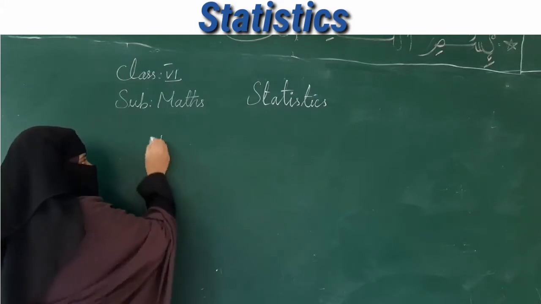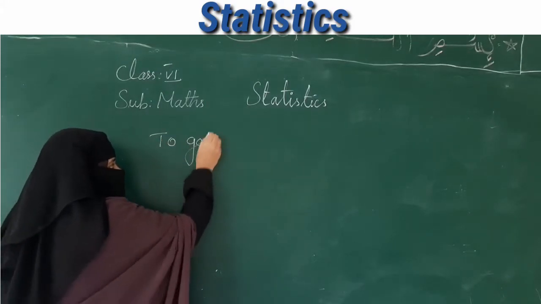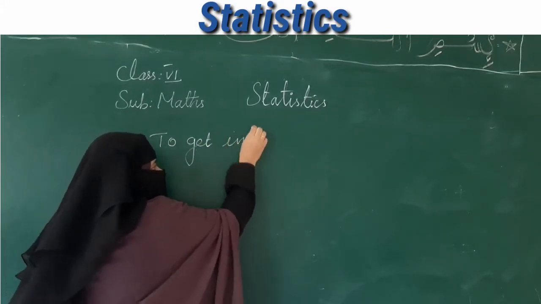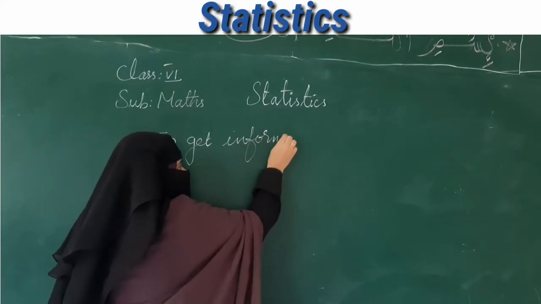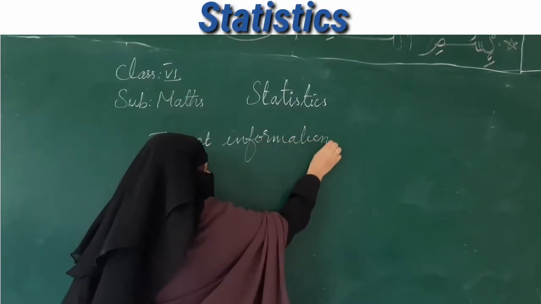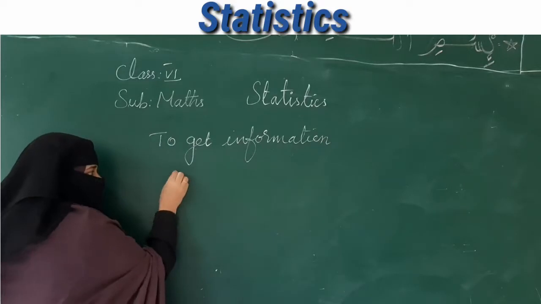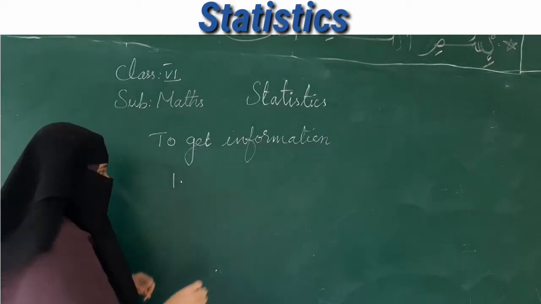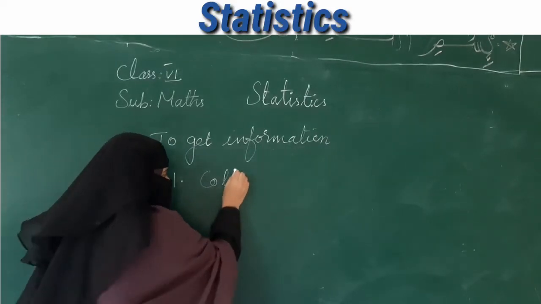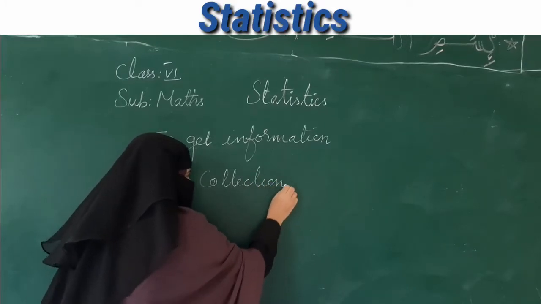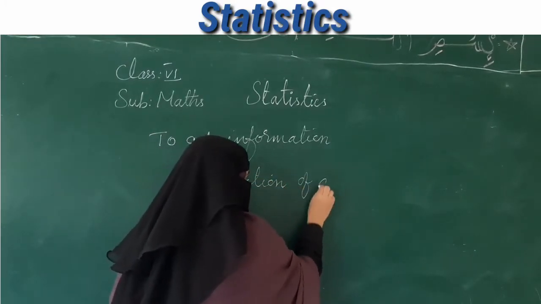Next, to get information, what are the things we need? Okay, 3 things we need. First one is collection of data. First we have to collect data.